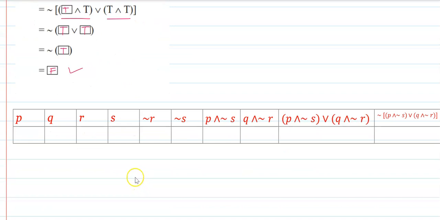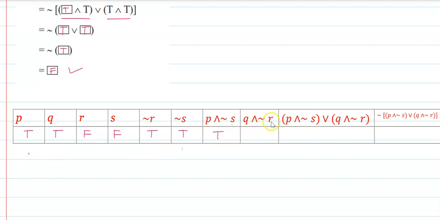Now again by using the truth table, first P is T, Q is also T, R is F, S is F. Negation of R and negation of S are true and true. What is the first? P and negation of S, it is true.